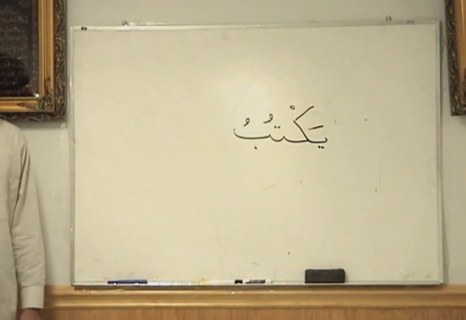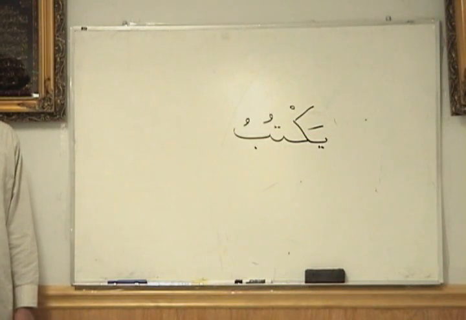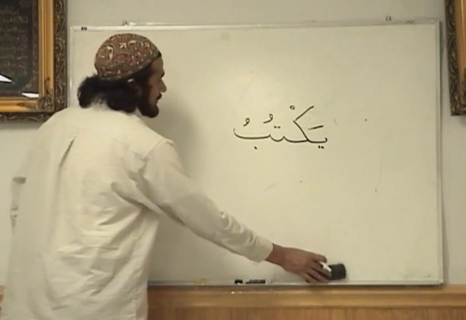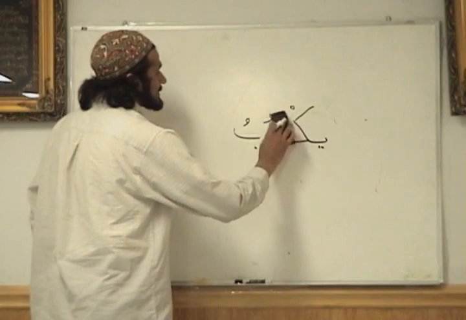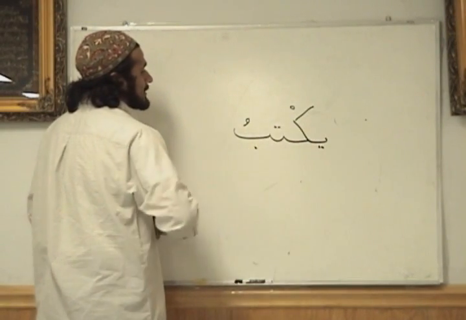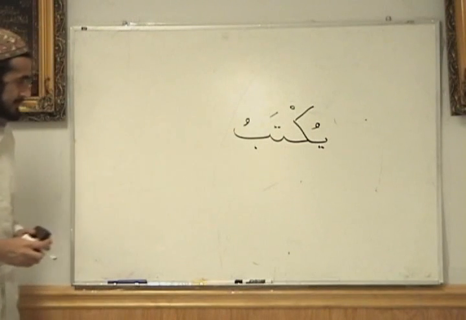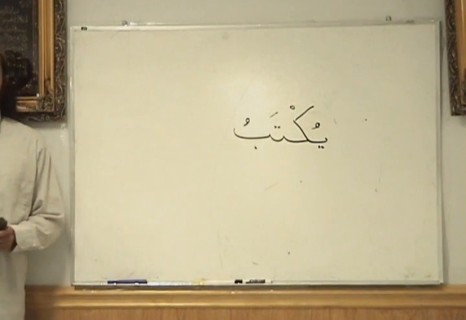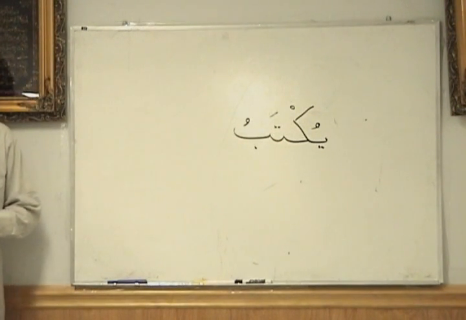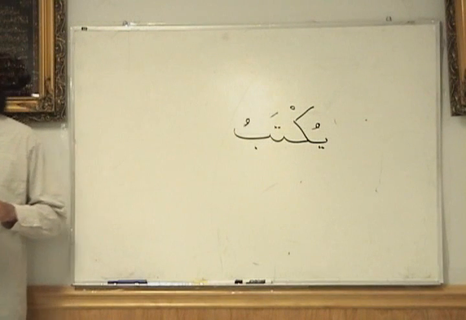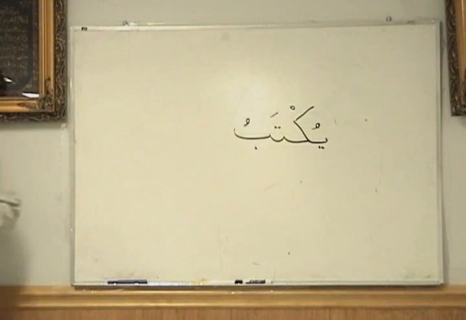Dhamma there, and fatha here. This is all you need to do. Erase this and erase this. Dhamma here, fatha here. Now it means he was written or it was written. Okay, he was written wouldn't make sense in English, but in Arabic it does.